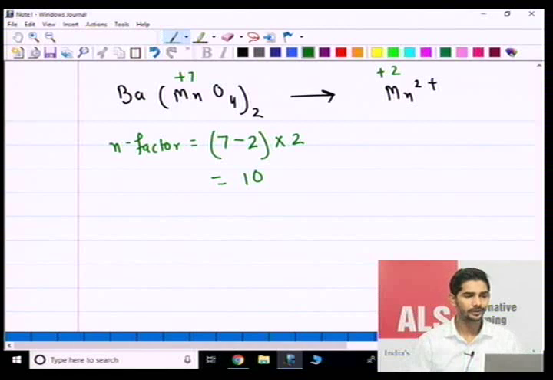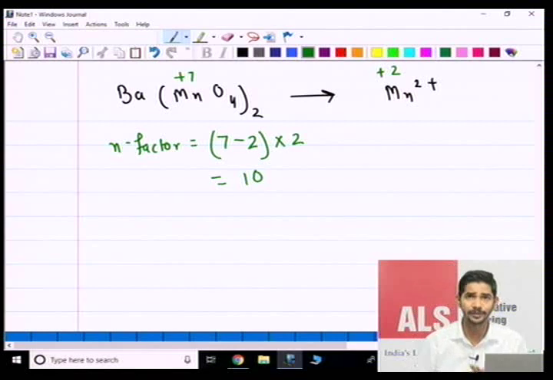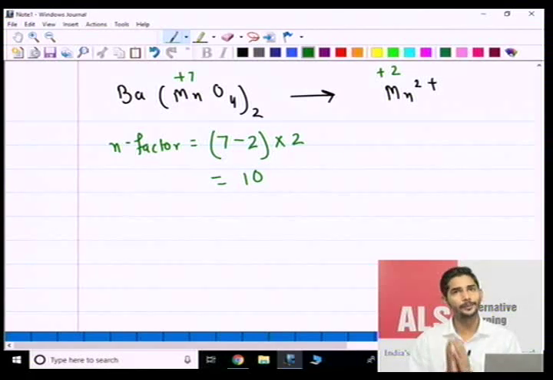Guys, first of all, make this one clear. In the question, they are saying that this compound behaves as an oxidant. It means that in this question, the Mn will be in its highest oxidation state. That can be achieved when it will be present in +7 oxidation state. You have to remember, in the acidic medium, Mn always converts into Mn2+.